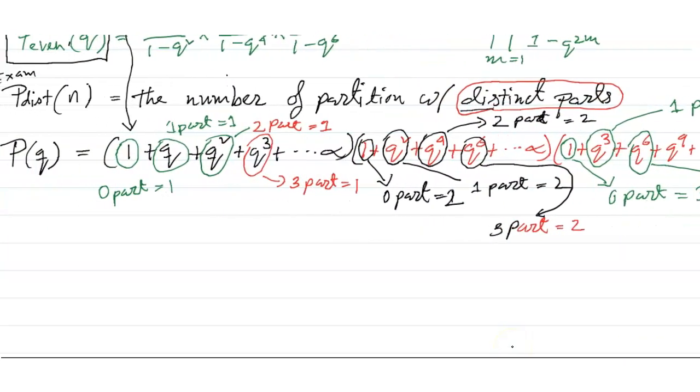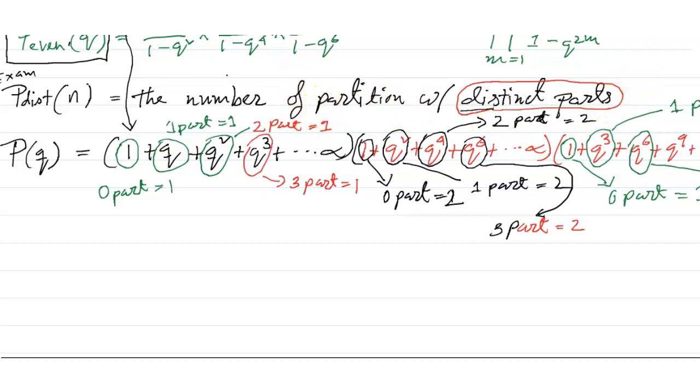So friends, whatever you notice, each one of these controls the number of parts. And distinct part is there are 0 or 1 of each part.